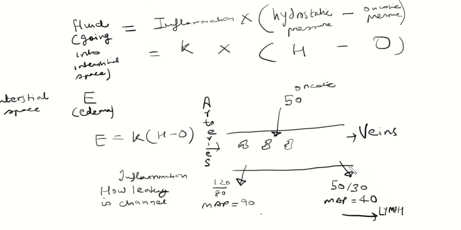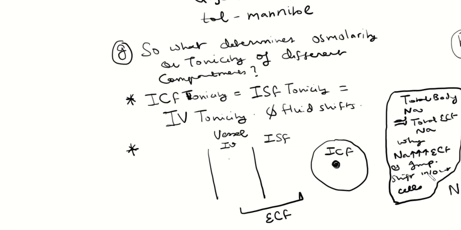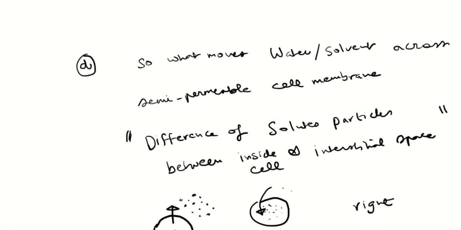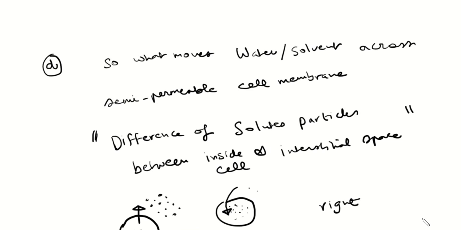We looked at this equation for fluid going from intravascular space to interstitial space and back, and we talked about edema being a function of inflammation times hydrostatic pressure minus oncotic pressure. So we looked at all of this stuff. Now we're going to continue our conversation on this.